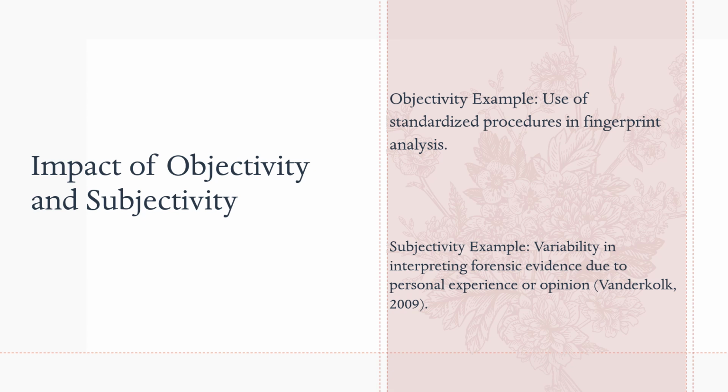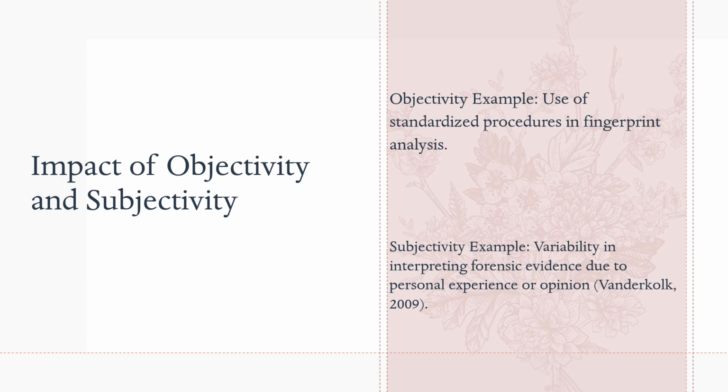So let's look at the impact of objectivity and subjectivity. An example of objectivity would be the procedures in fingerprint analysis, your standardized procedures. They're straight, laid out, black and white. Whereas an example of subjectivity would be variability in interpreting forensic evidence, due to personal experience or opinion. This is actually seen in our textbook.